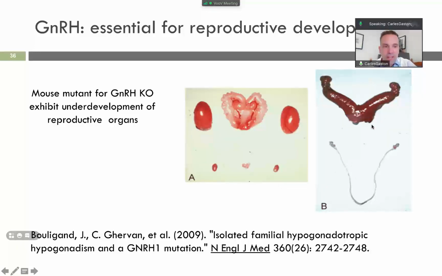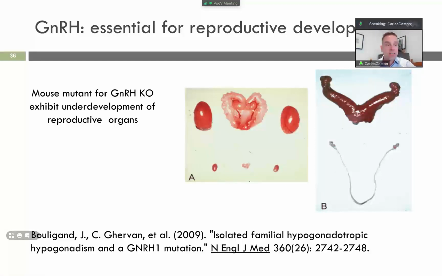Here you have another picture. This is the uterine horn and the ovaries of a normal mouse, and next to it those of a mouse mutant for gonadotrophin releasing hormone. In 2009, not that long ago, it was identified that mutations in GnRH1 lead to familial hypogonadotrophic hypogonadism.